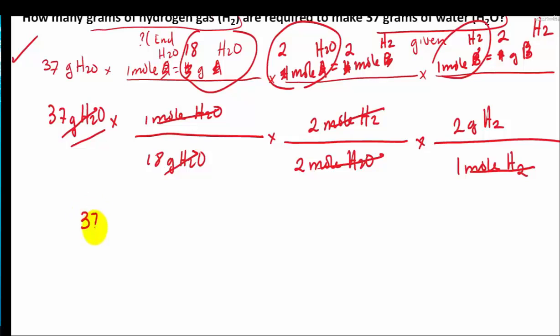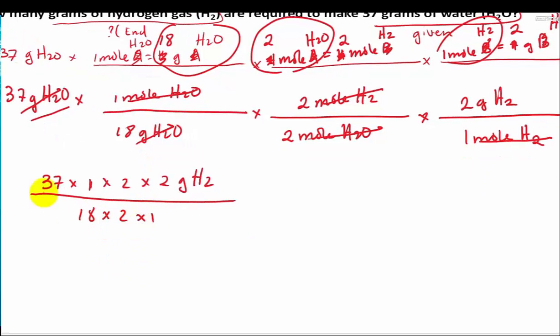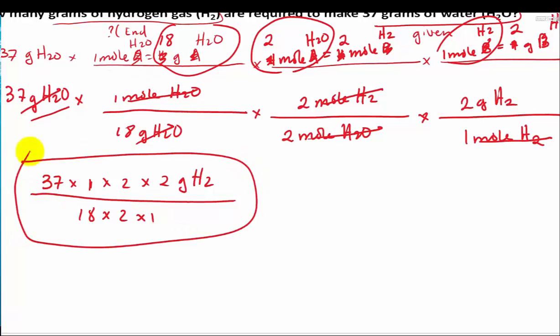So we have 37 times 1 times 2 times 2 grams of hydrogen. And then we're going to divide by everything on the bottom, so we're going to draw a long line: 18 times 2 times 1. And this is our final answer.